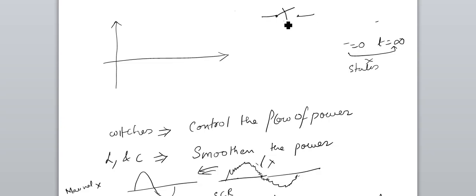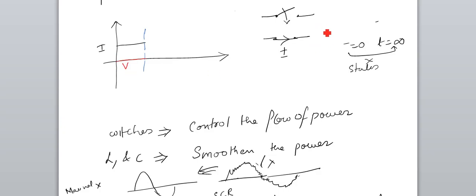Suppose this is a switch and this is your on condition. During on, current is flowing, so let the current waveform be like this, right? This is current. And what about the voltage? Voltage will be 0. So this is my current, and the red line is my voltage.